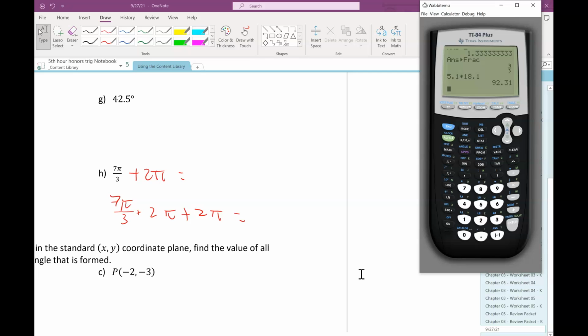Now, you could do that fraction addition by hand manually, but I'm going to just use my calculator to handle it. So again, to handle this, I'm just going to ignore the pi's. So I'm just going to do 7 pi over 3 plus 2, and then make that a fraction. So 13 pi over 3.